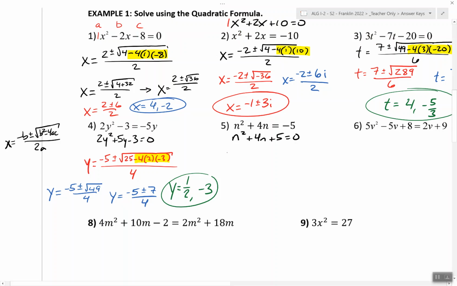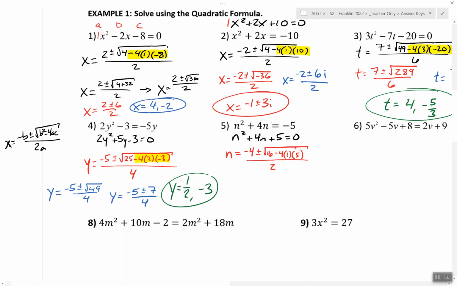So n equals opposite of b, negative b. b here is 4, so negative 4, plus or minus the square root of b squared, which is 16, 4 times 4 is 16, minus 4 times a is 1, times c is 5, all over 2a. a is 1, so that's just 2.